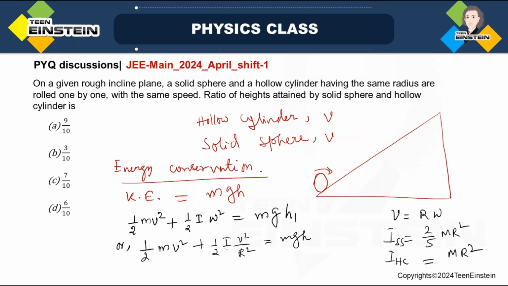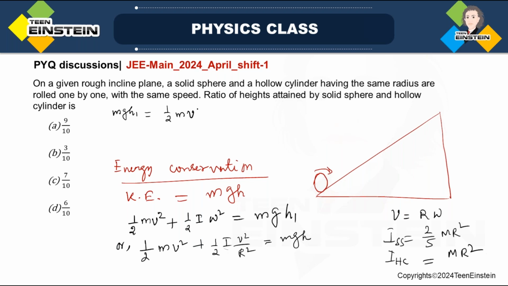Look what I have got. I'll just clean this portion. I have got now, see, mgh1 is equal to half m v square. Let us take that common.